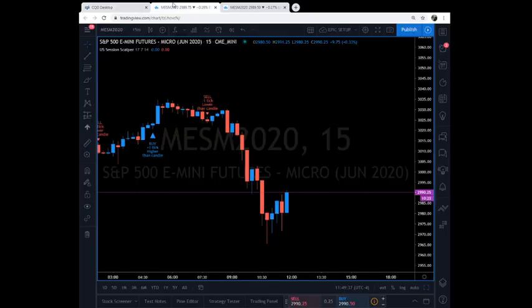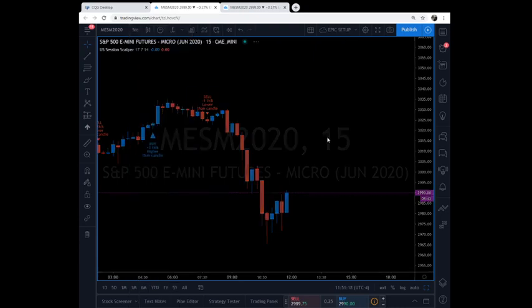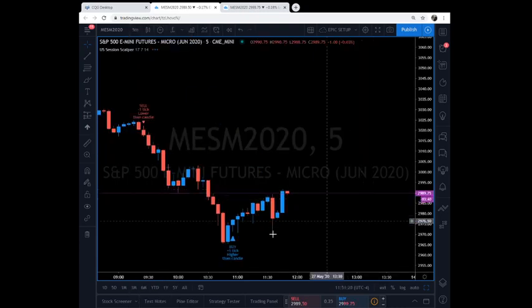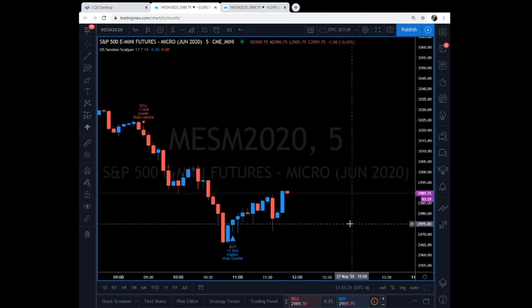Based on this, let's take a look at the smaller time frame. We had a buy call earlier just now, but then I have to wait for a good condition for the market to explode on the higher side. The best is to enter at 2989. The target is somewhere here.